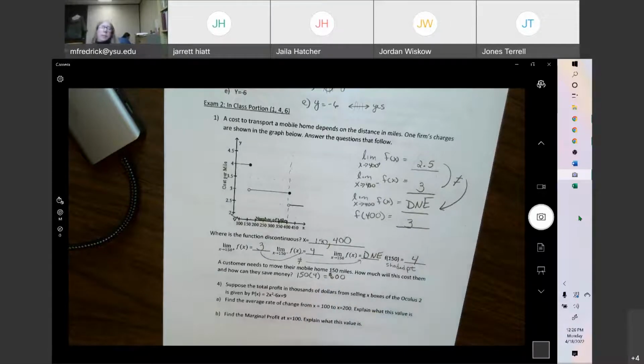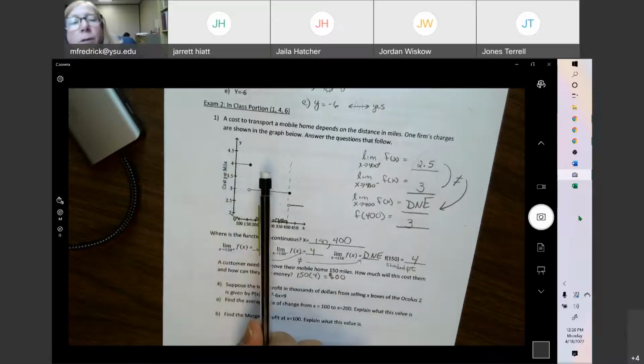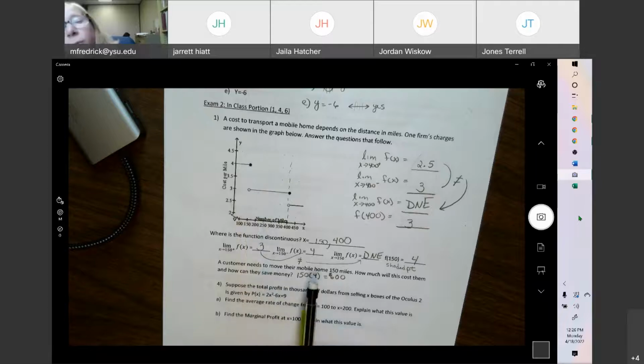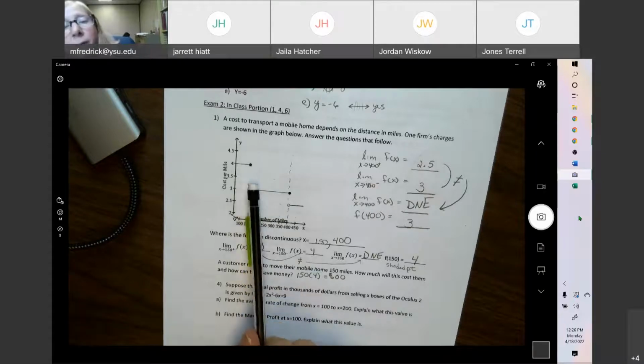How could we save them money? They're going 150 miles, it's at 4. Notice if they go one more mile, the price drops.